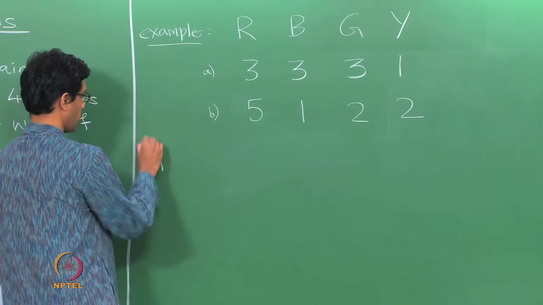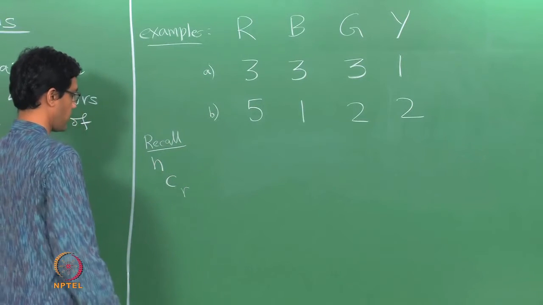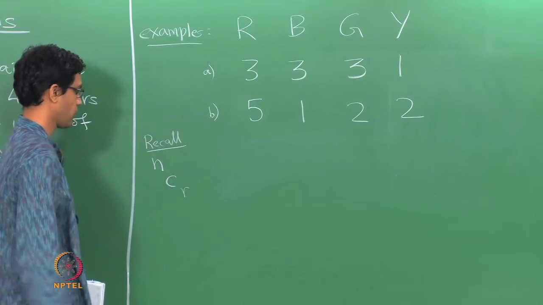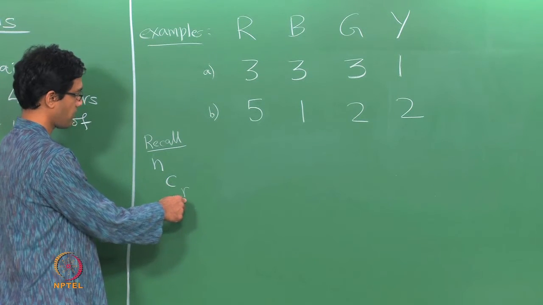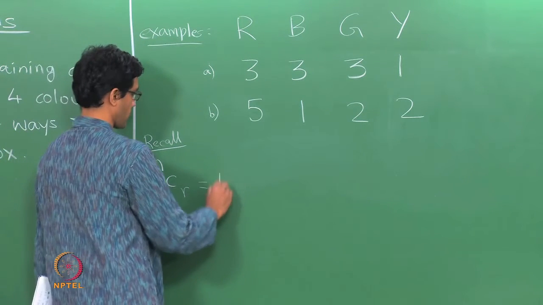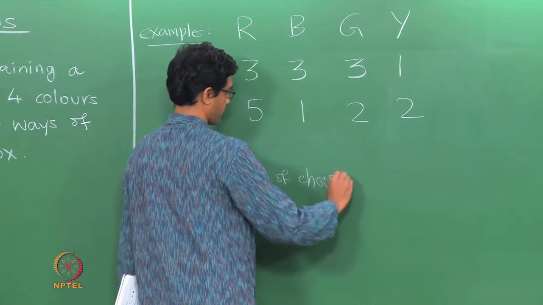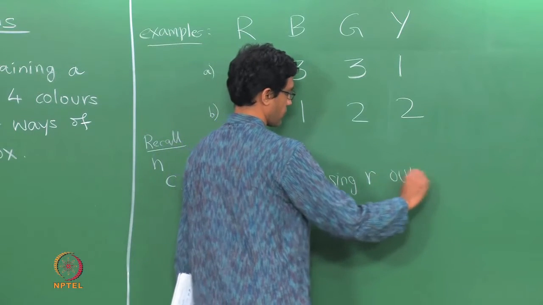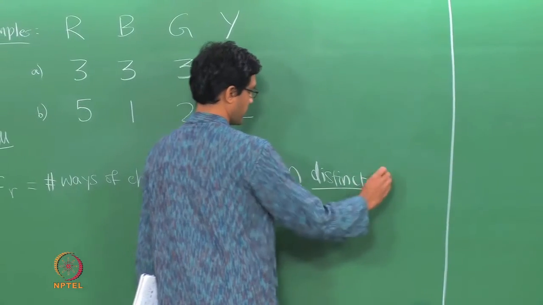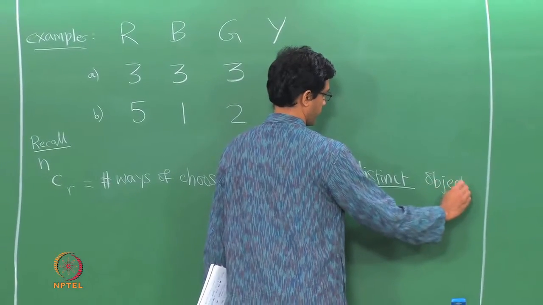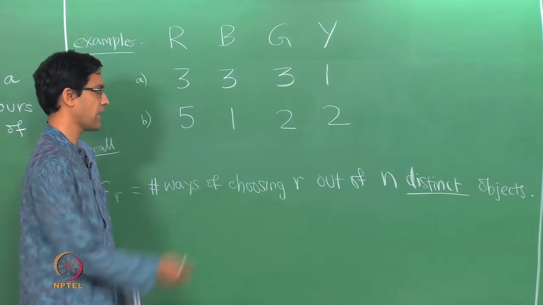So recall that the typical combinations problem, for which the number of choices is n c r, is the number of ways of choosing r out of n, the keyword here being distinct objects. Now combination with repetition just means that we don't really have distinct objects anymore.